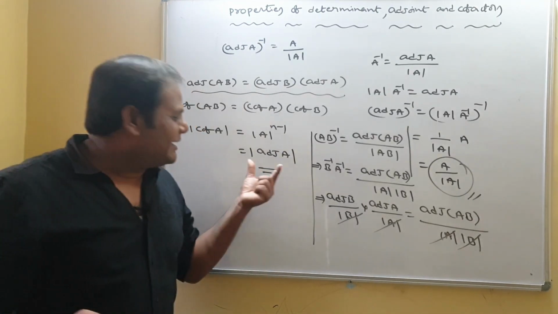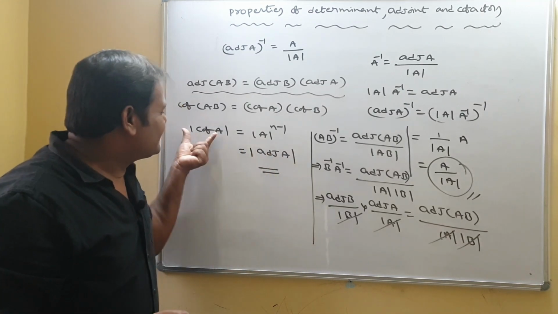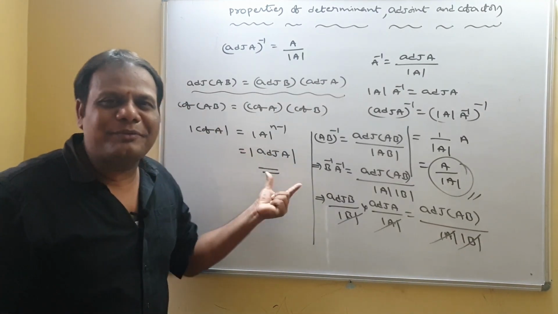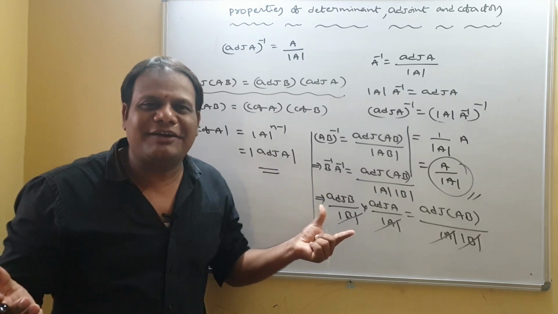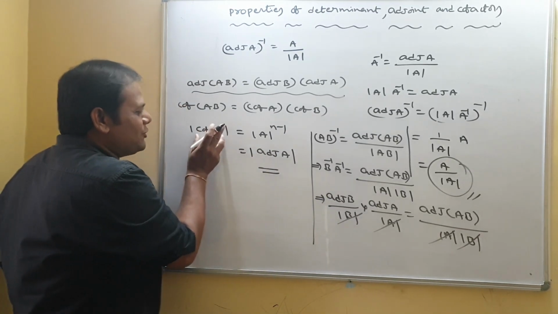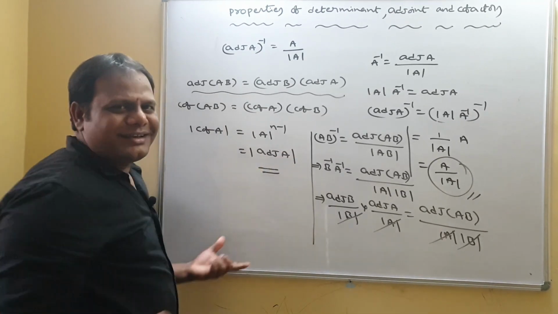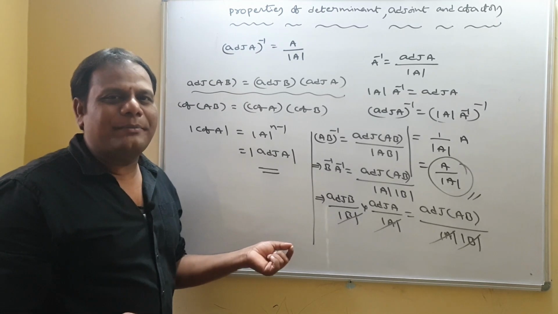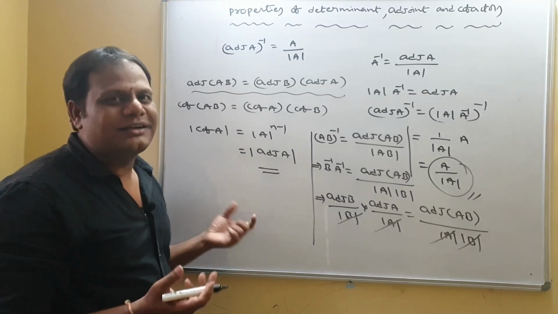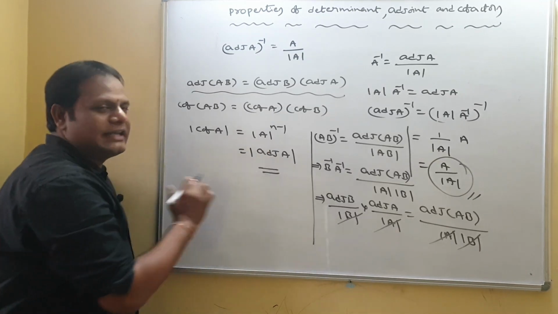Because the determinant of a matrix and the determinant of its transpose are always equal. Cofactor A is the transpose of adjoint A, so det cofactor A and det adjoint A are both the same.